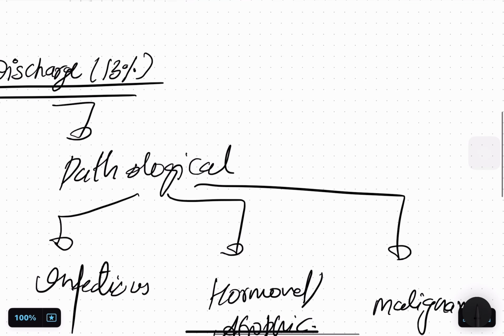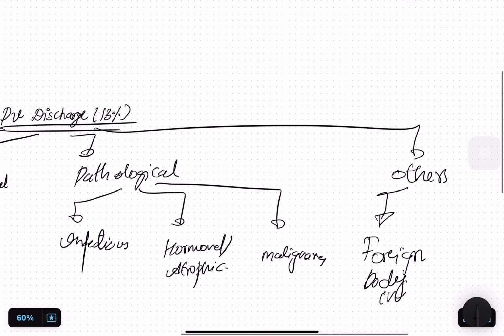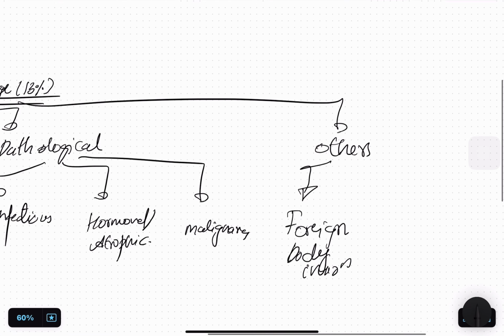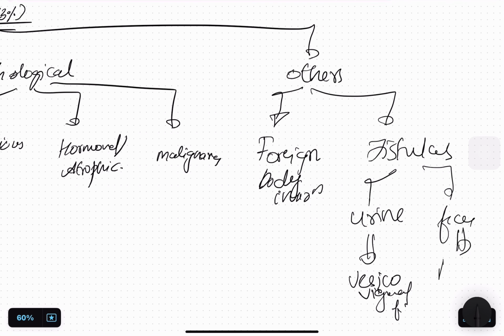And again, the basic way I would like to divide is others, that is any foreign body insertion like copper T, or any fistulas. In fistulas, if you see urine, that is something to do with vesico-vaginal fistula. If you see feces, recto-vaginal fistula.